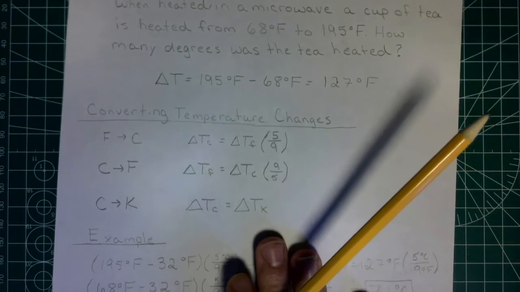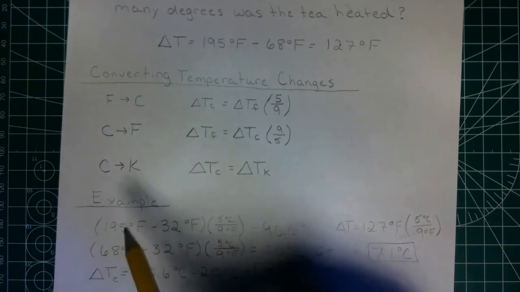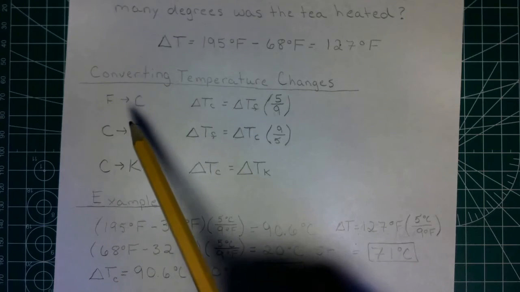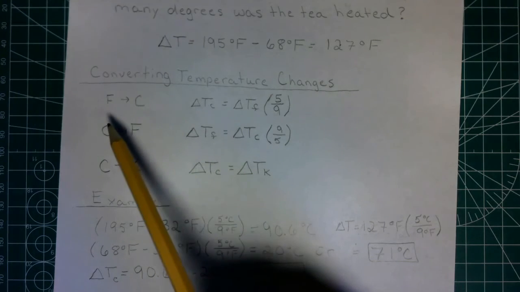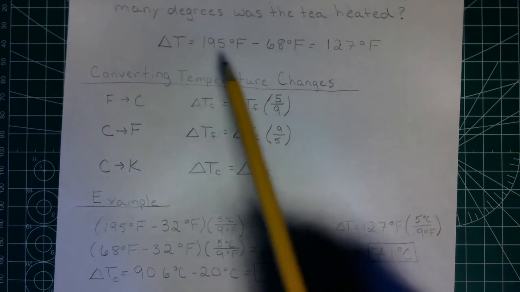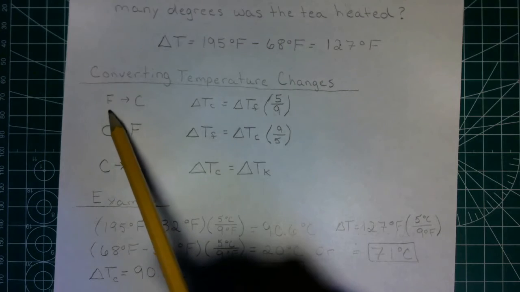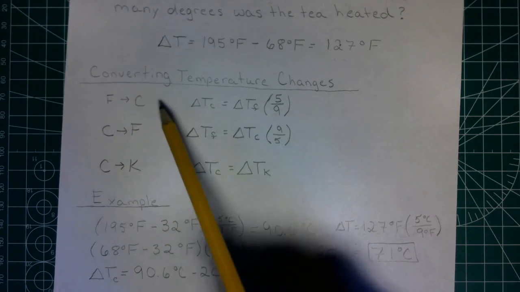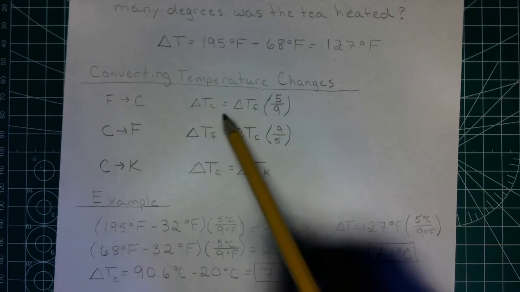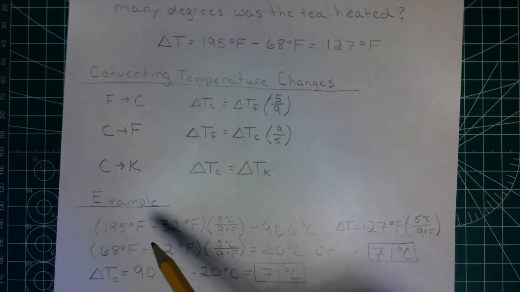Now, it turns out that when we're talking about changes in temperature, our conversions between units actually get a little bit easier because we have cancellation when we do this subtraction. So in order to go from degrees Fahrenheit to degrees Celsius, we can just multiply by our conversion factor of 5/9. We don't have to mess around with that 32 value.